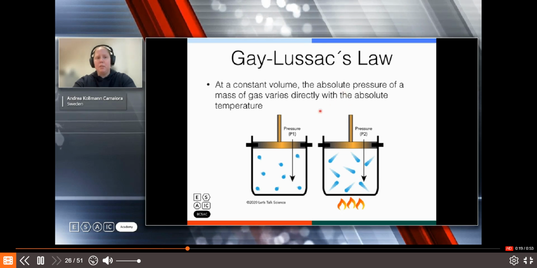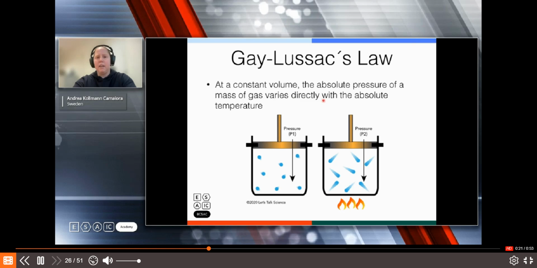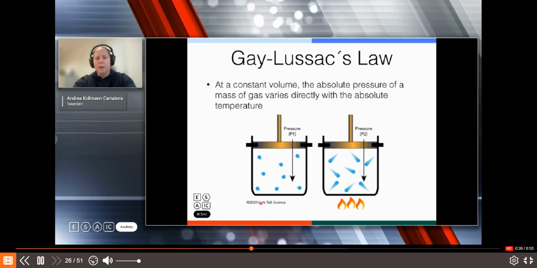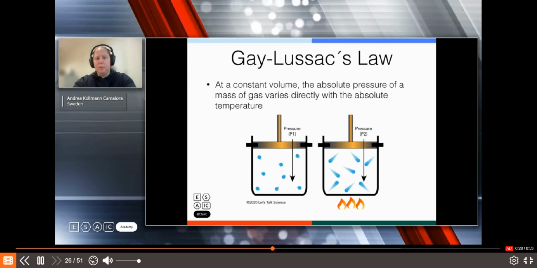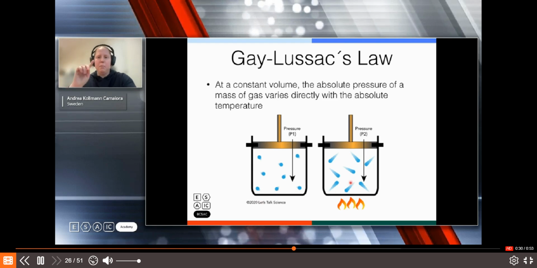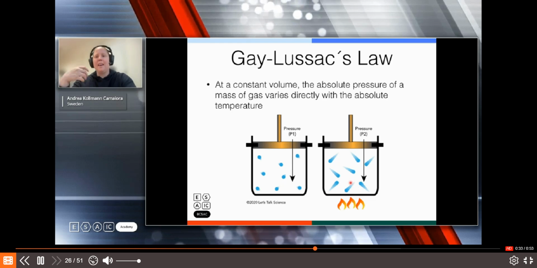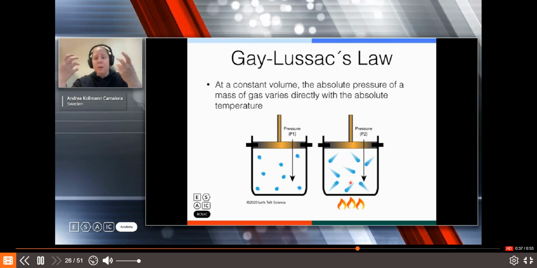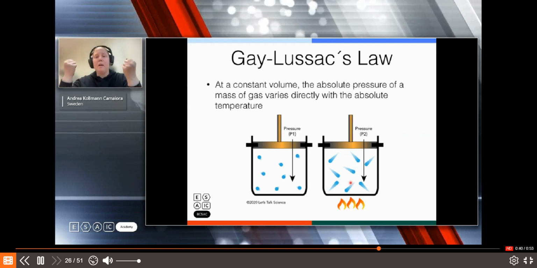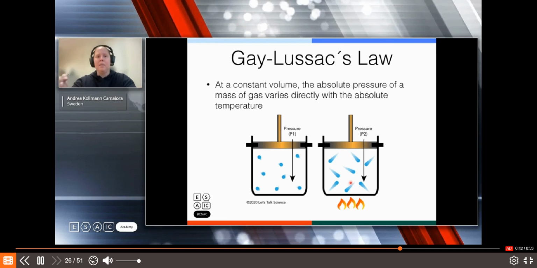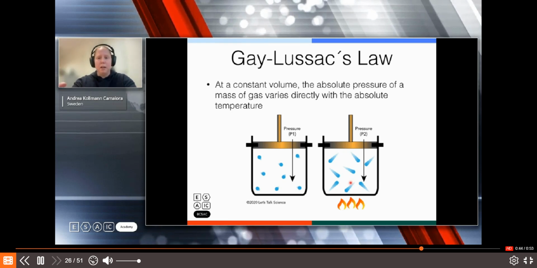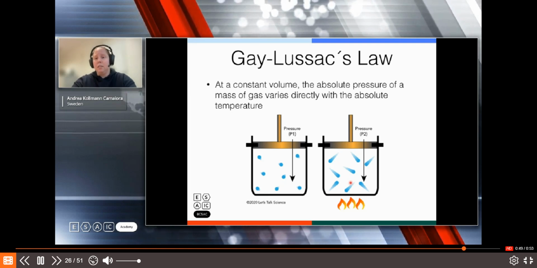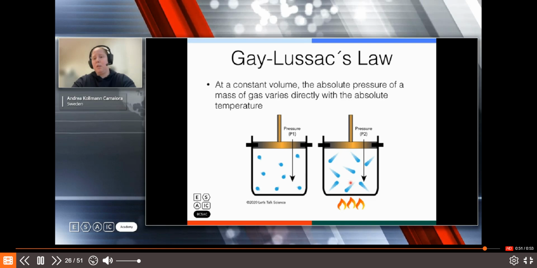This is my pressure at X temperature, and I heat it up, and then all the molecules will start going pin, pin, pin, pin, pin, and they gain energy, and by gaining energy, they move faster and stronger, thus creating more pressure within the system. So Gay-Lussac says if you heat something, the molecules will have more energy and cause more pressure. This is, for example, how pressure cookers work.